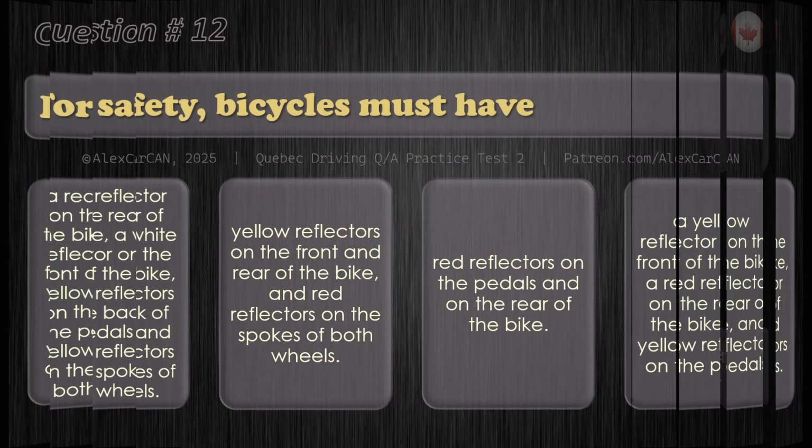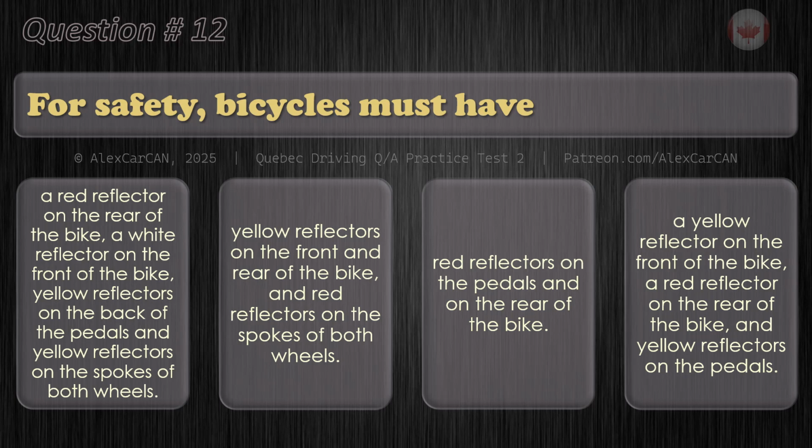Question number 12. For safety, bicycles must have a red reflector on the rear of the bike, a white reflector on the front of the bike, yellow reflectors on the back of the pedals and yellow reflectors on the spokes of both wheels. Yellow reflectors on the front and rear of the bike, and red reflectors on the spokes of both wheels. Red reflectors on the pedals and on the rear of the bike.